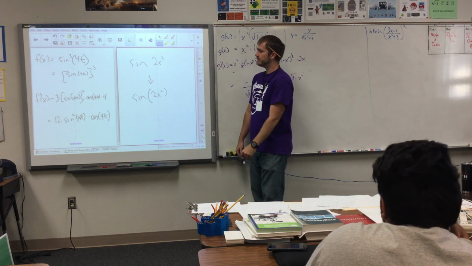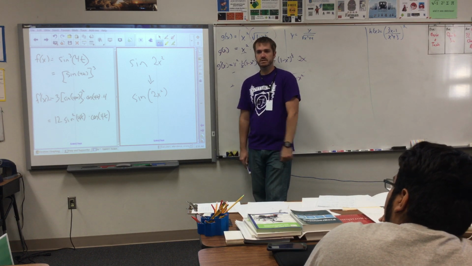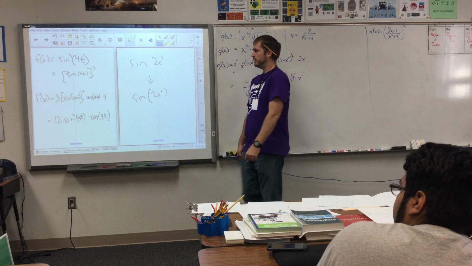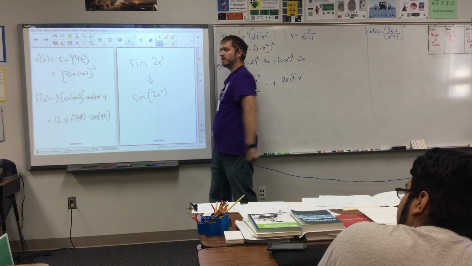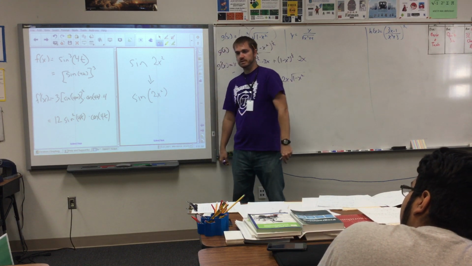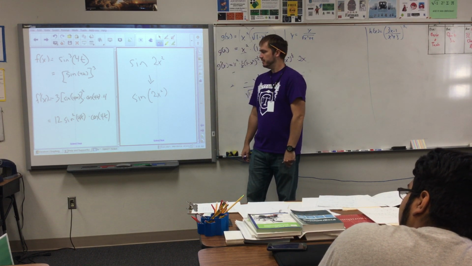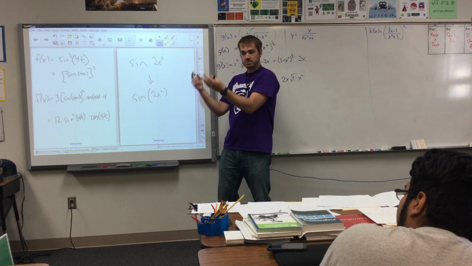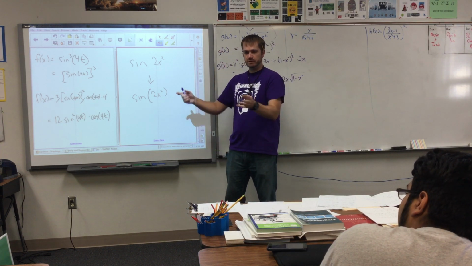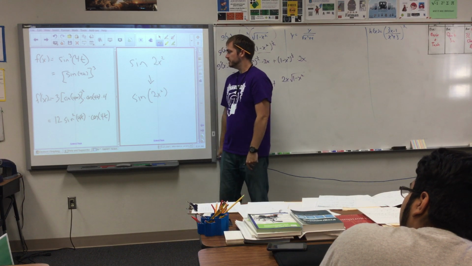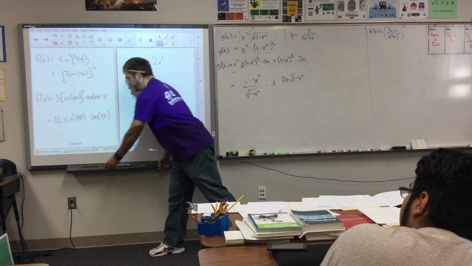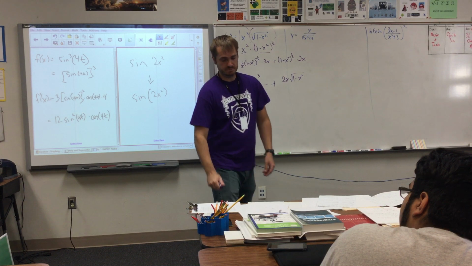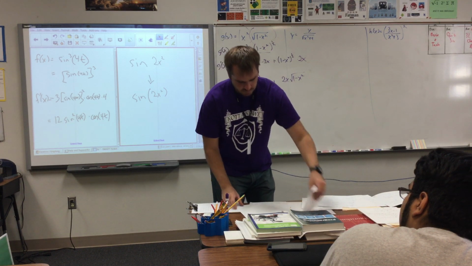They don't like putting parentheses around the arguments there. I don't know why, but what's the outer function in this one, class? The sine. It's not the square. If I wanted sine squared, I would write it that way, and if I wanted the whole thing, I'd put it right there. Some of these problems will take you just a few seconds, though I did give you lots of room.